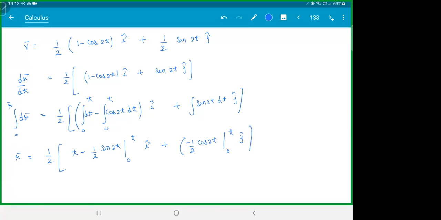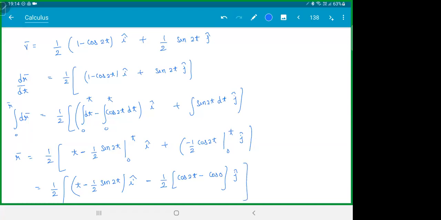When you get a cos now, cos 0 is not 0 there. So this guy will turn out to be half overall, t minus half sine 2t I cap minus half, that would be cos 2t minus cos 0, j cap.